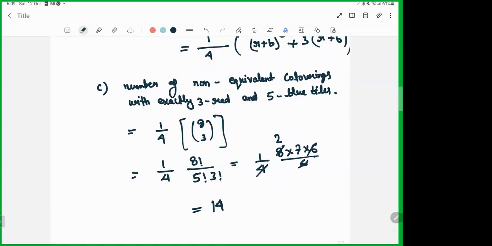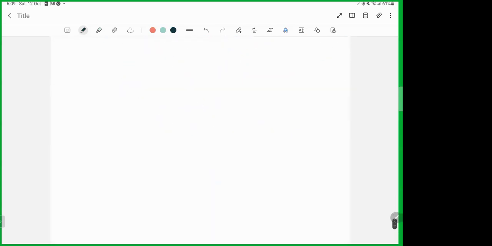Now we have two types of problems. One problem is related to Polya's theorem, and another is about generating functions and type generating functions and all these things. Let's finish Polya's theorem first.